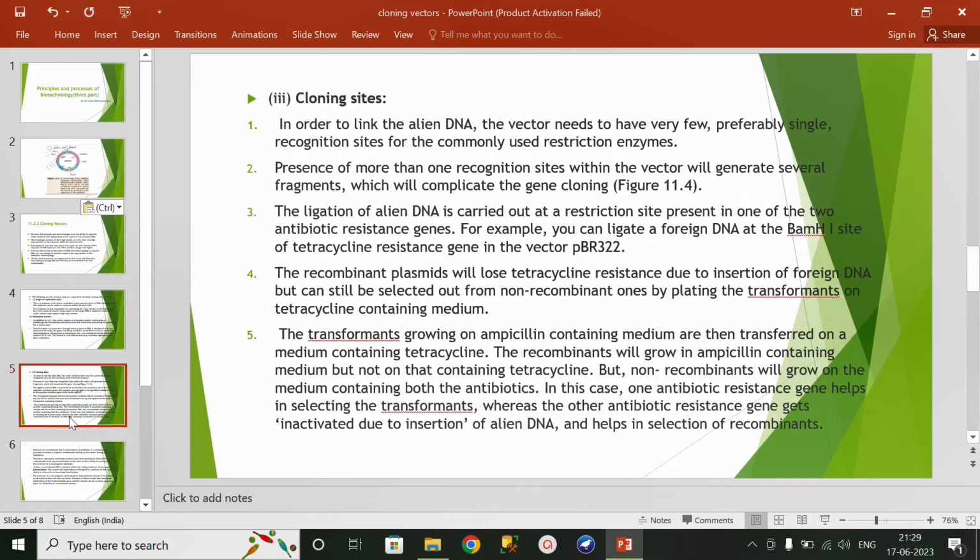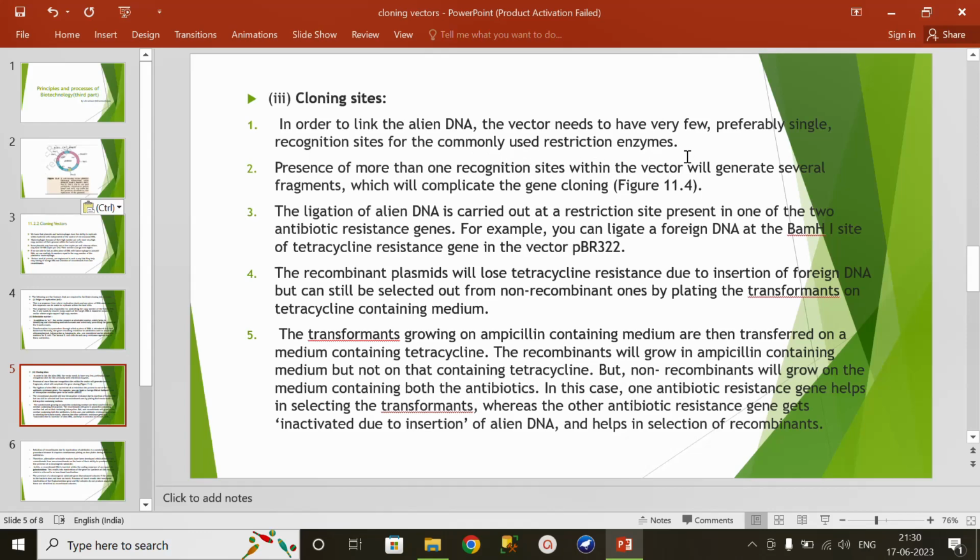Cloning sites. So what are cloning sites? These are the specific sites where cloning can happen. In order to link alien DNA, again referred to as foreign DNA, the vector needs to have very few, preferably single, recognition sites for the commonly used restriction enzymes.